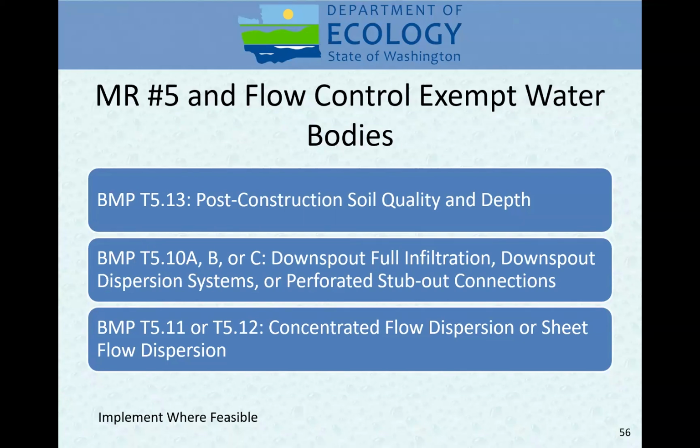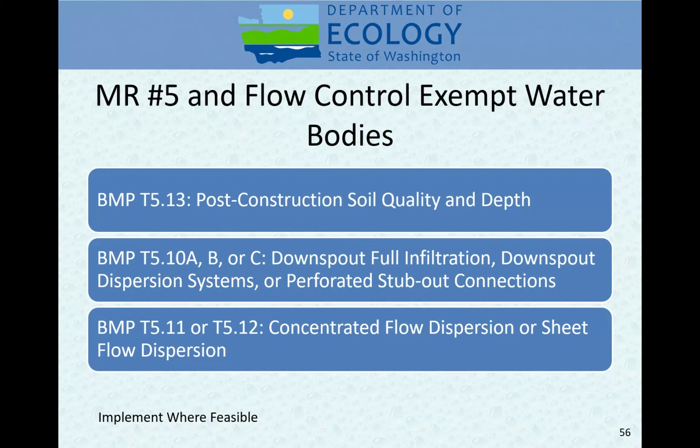List number 3 does not include the items for bioretention and permeable pavement and full dispersion and those kinds of things. Remember, minimum requirement number 5 is a flow rate minimum requirement. And if you don't have to do it for minimum requirement number 7, you certainly shouldn't have to do it for minimum requirement number 5.